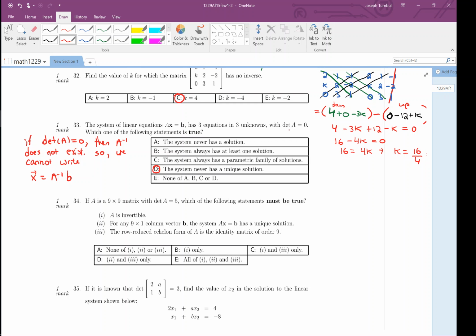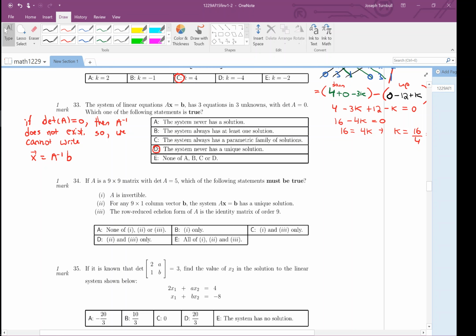So that lack of full rank means you're either going to have parameters or you're going to have no solution. So it's going to be a family of solutions or it'll be no solution. That can't be a unique solution.